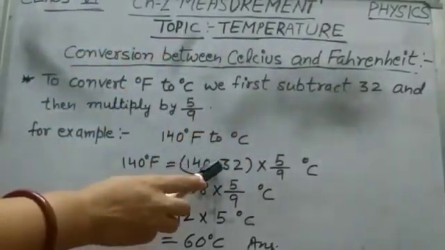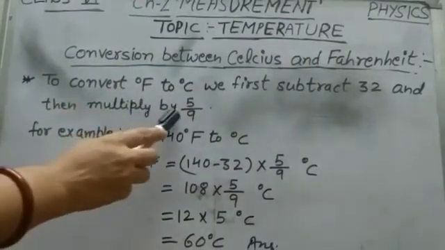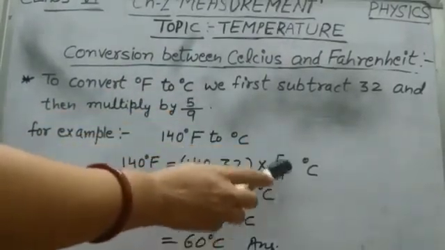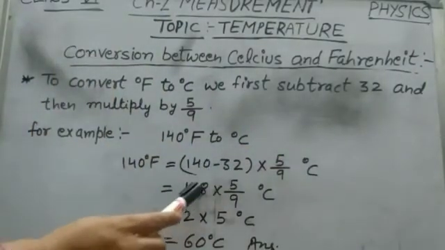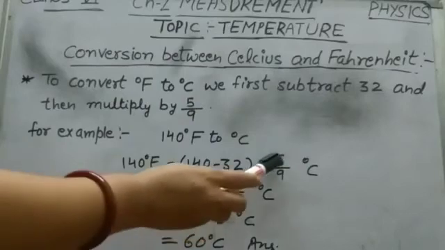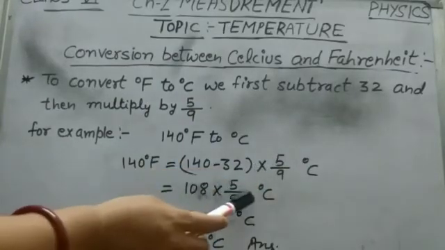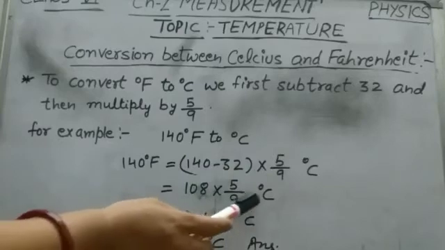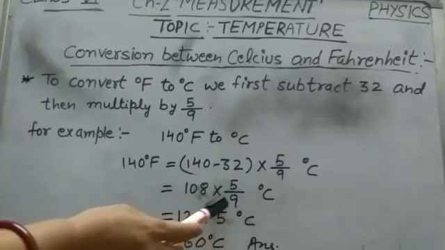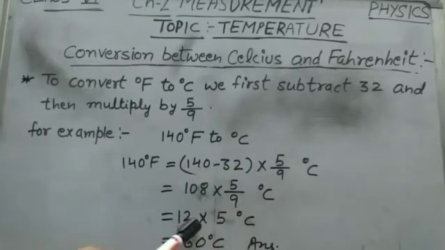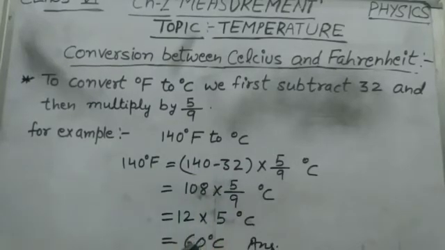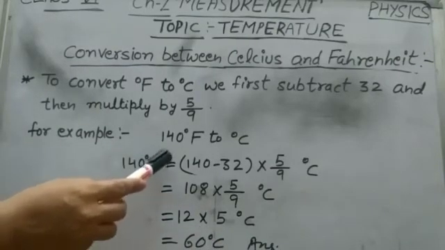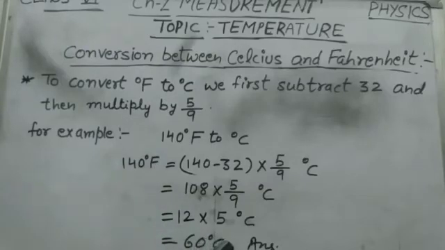So 140 minus 32 and then multiply by 5 by 9 degrees Celsius. 140 minus 32 we get 108 into 5 by 9, and after that we will cancel both the digits. 108 will be cancelled by 9, 12 times. So 12 into 5, 12 5s are 60 degrees Celsius. So 140 degrees Fahrenheit will be 60 degrees Celsius.